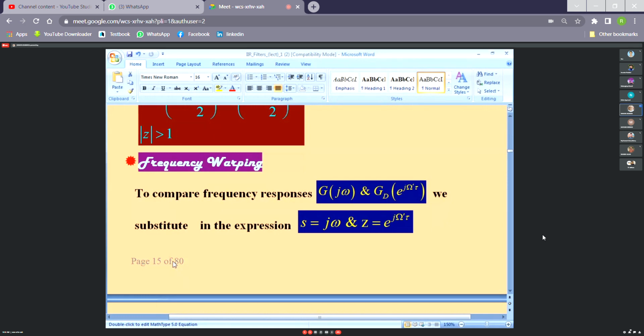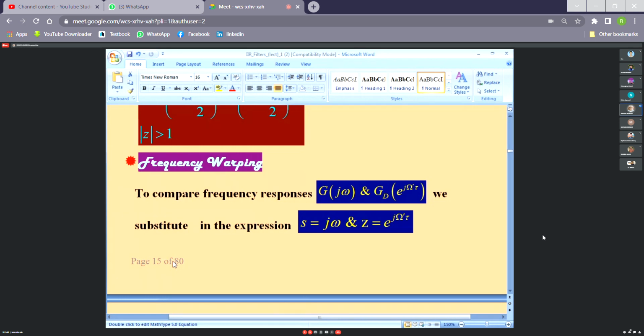All right. Then you absorbed tau into omega. So that became capital omega, sine of capital omega into n. There was no independent time variable present there.